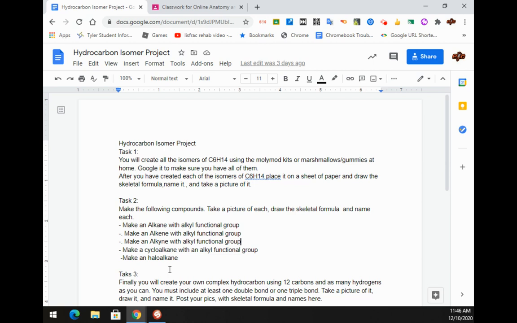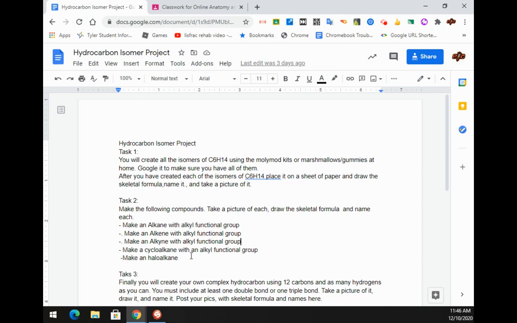So all we need to do, after I took a picture of this, I'll break it apart, but I'm going to use these springs. And I'm going to make the simplest cyclohydrocarbon that I can. Because like I said, just keep it simple.